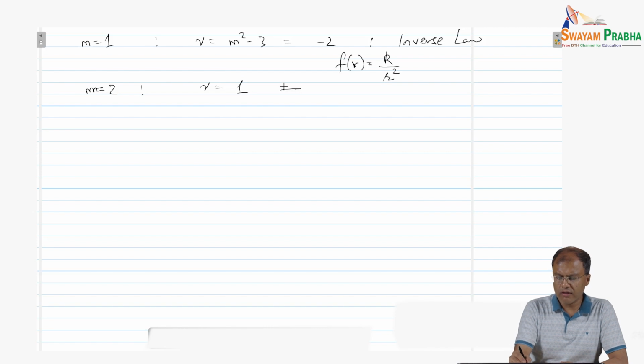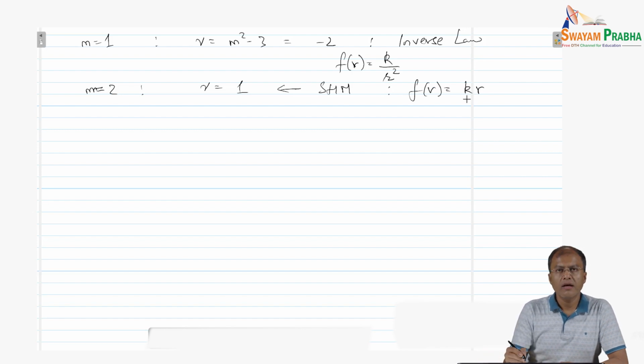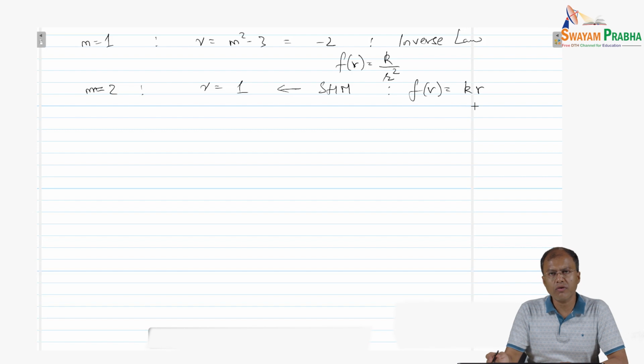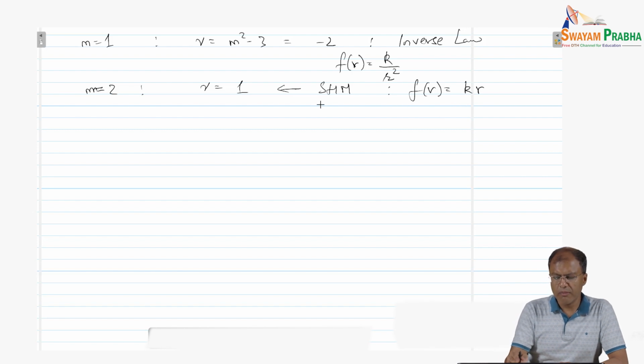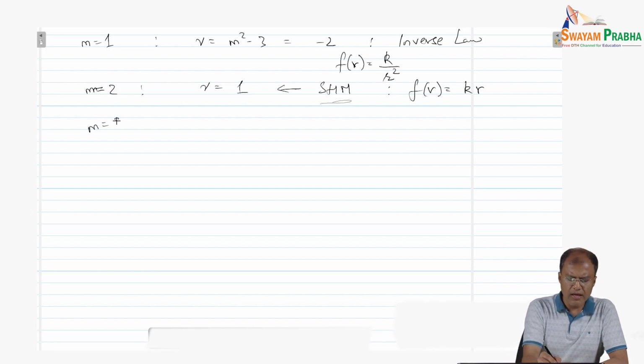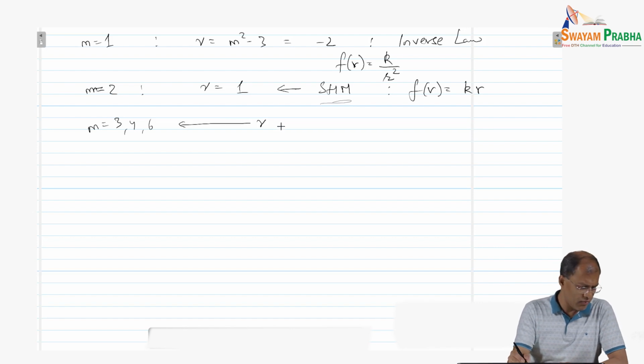So what is nu equal to 1? Now this is the case when we are talking about simple harmonic motion, because f of r is k times r. When we have a restoring force which is linear, we are talking about simple harmonic motion, and we know that, of course, that is bounded, right? Similarly, for m equal to 3, 4, 5, the corresponding values of nu will be 6, 13, 22, and so on.